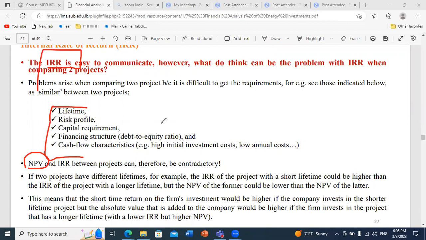In general, when we do comparison, it's preferable to compare projects with the same features to be able to make the decision. In general, we compare two projects of the same lifetime, because if we compare different lifetimes, we might have contradictory results, and then it depends on your priorities.